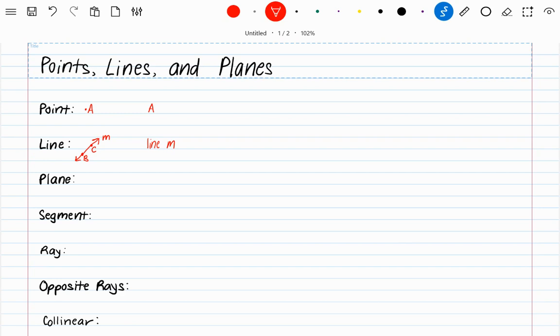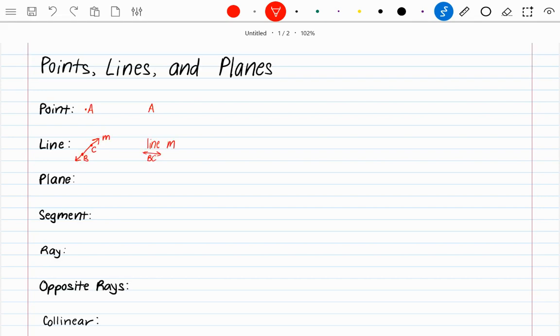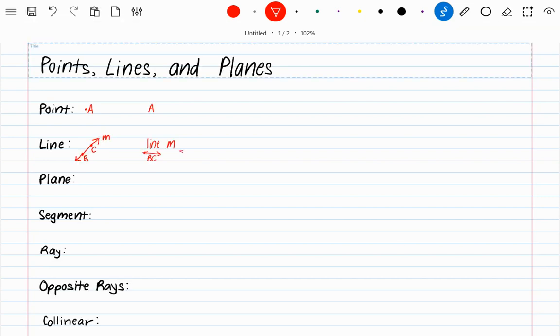We can use 2 points on the line, and above those 2 points, we draw the line figure. Make sure there's an arrowhead on both sides, or you can flip the direction. Any order.